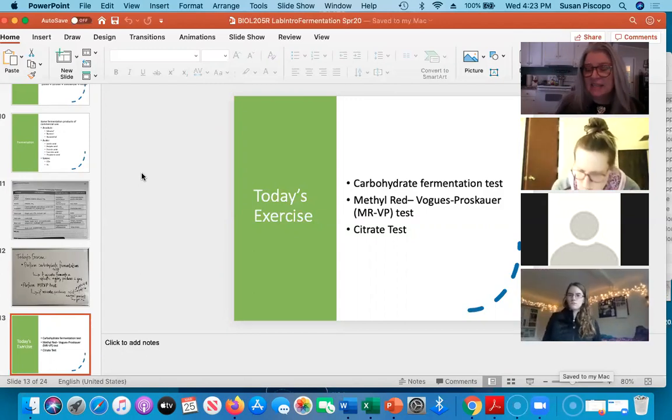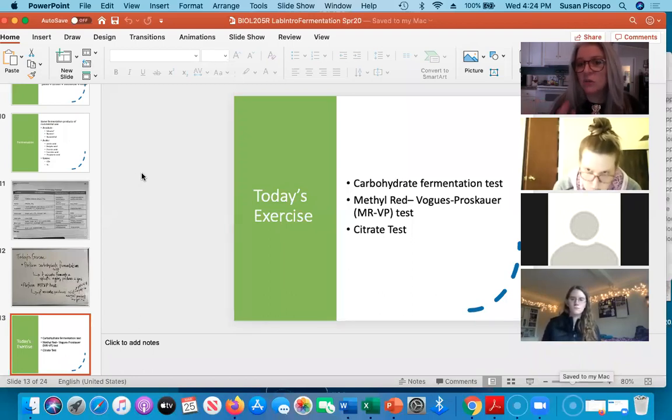The second test is called an MRVP test. This is actually two tests in one, and that abbreviation stands for Methyl Red Voges Proskauer. That test is going to allow us to look for what kinds of acidity are in these fermentation products.